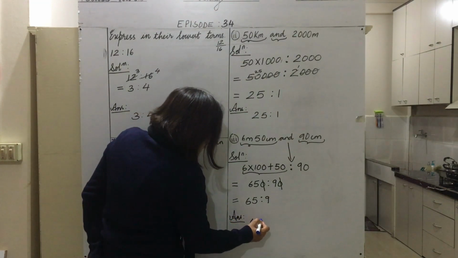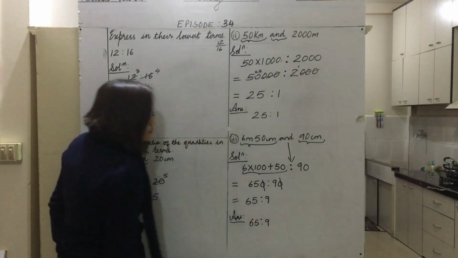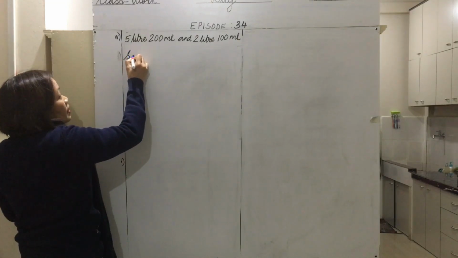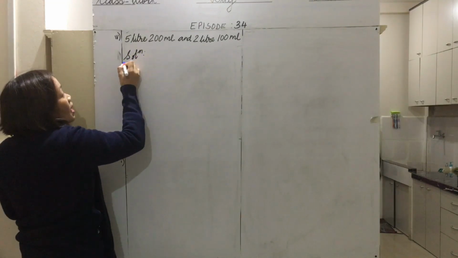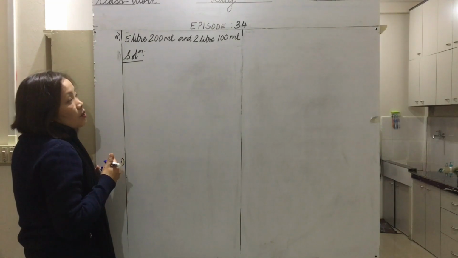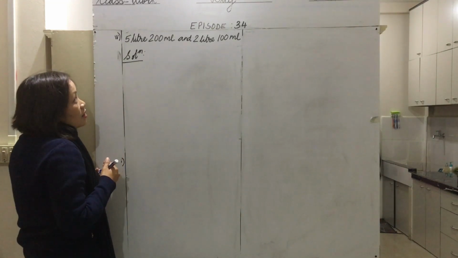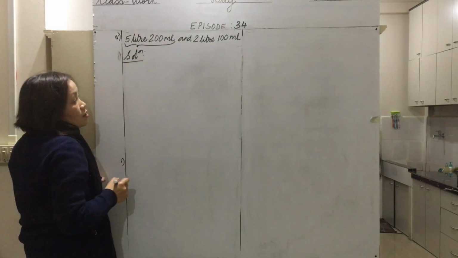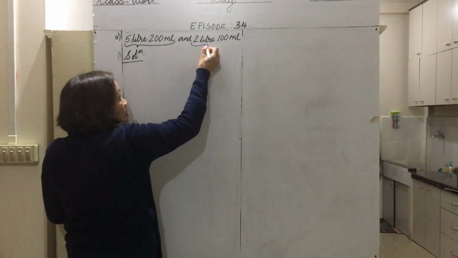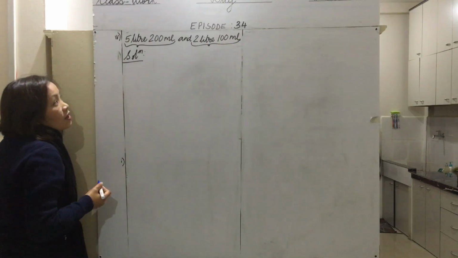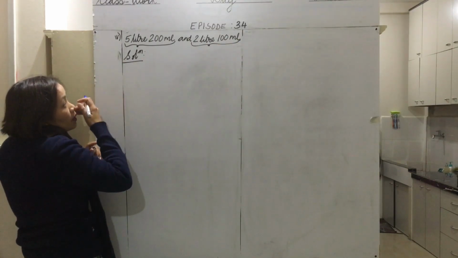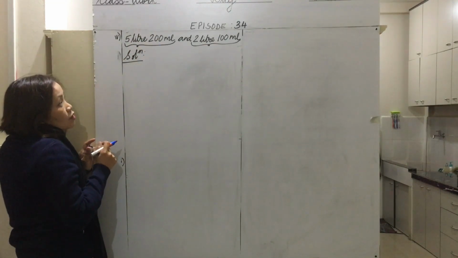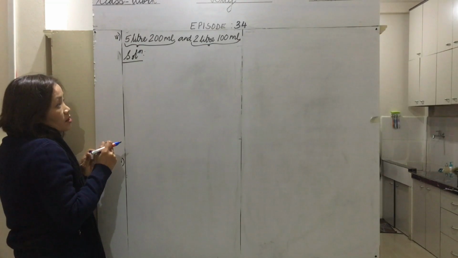65 is to 9. Next we have 5 liter 200 milliliter and 2 liter 100 milliliter. So here this is 1 quantity, up to this, and this is the second quantity, right? So here we have liter and milliliter again. That means we need to make them into 1 unit, similar unit.